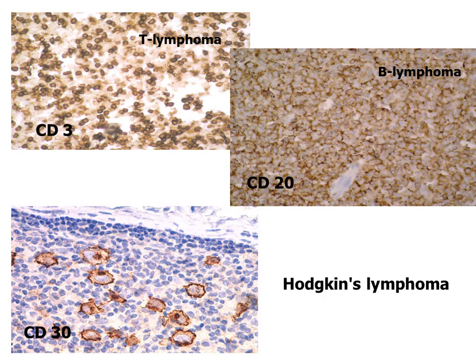Here you can see markers which we use for hemoblastosis, like CD3, which is positive for T lymphocytes, and CD20, which is positive for B lymphocytes. A typical marker for Hodgkin's lymphoma is CD30.